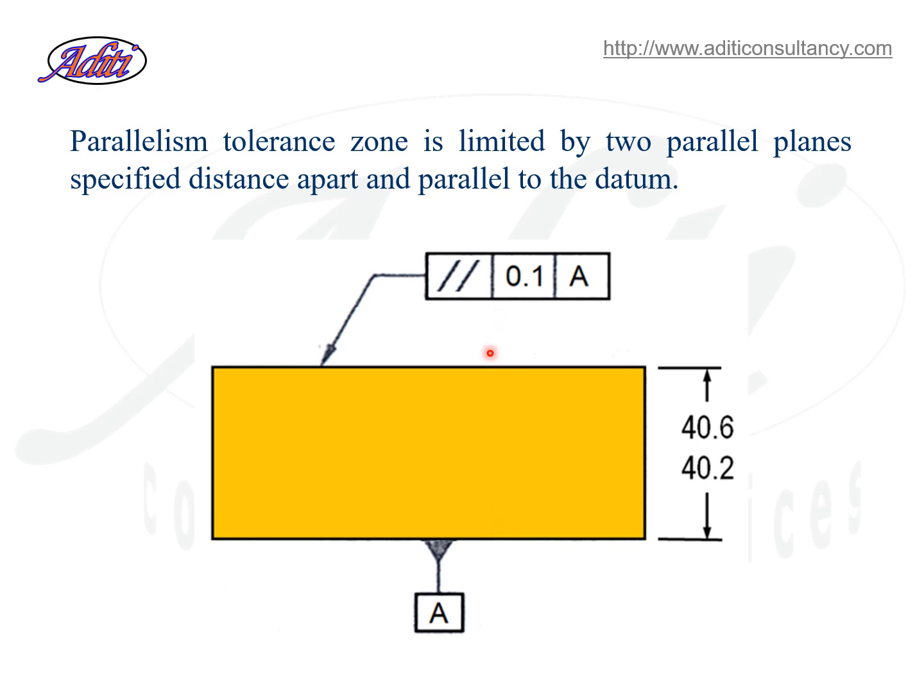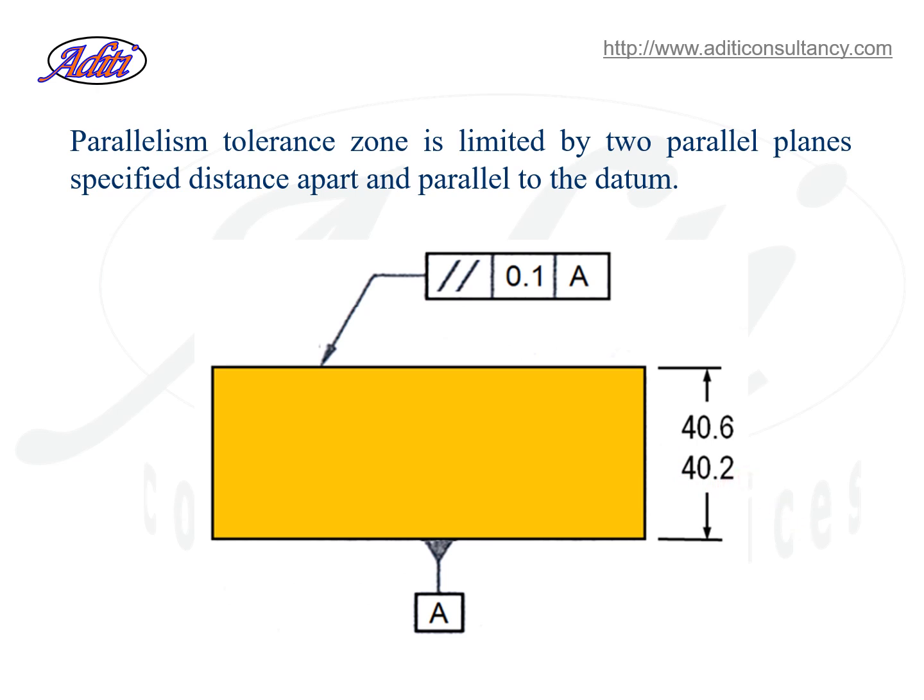The parallelism tolerance zone is limited by two parallel planes specified distance apart and always parallel to the datum. As in the previous case where we discussed about flatness, here also size tolerance is given and that is same as 0.4 mm.